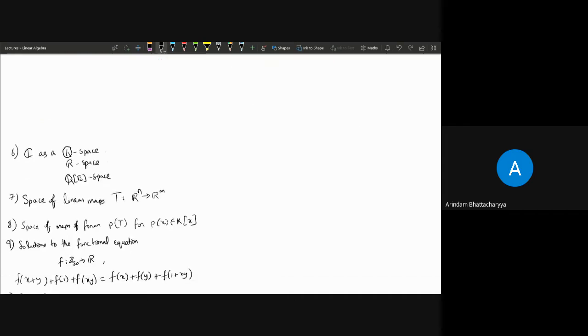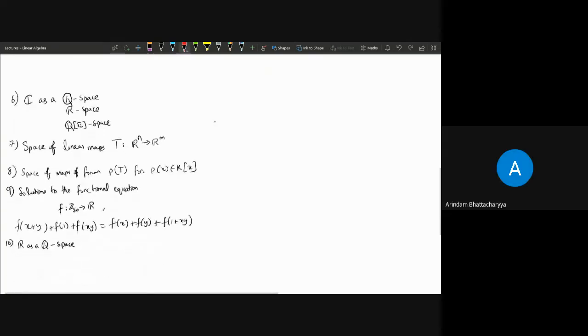Here, the complex numbers. These are just a bunch of examples, so anyone can unmute and quickly tell me about all of them. I'm just asking if the sixth one is a vector space.